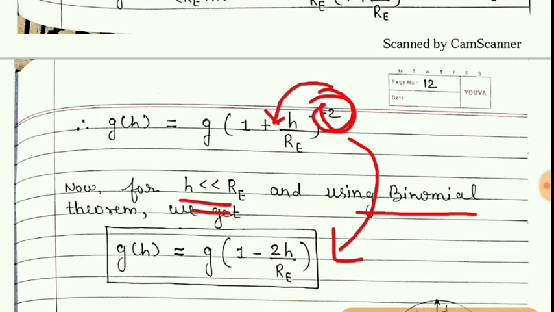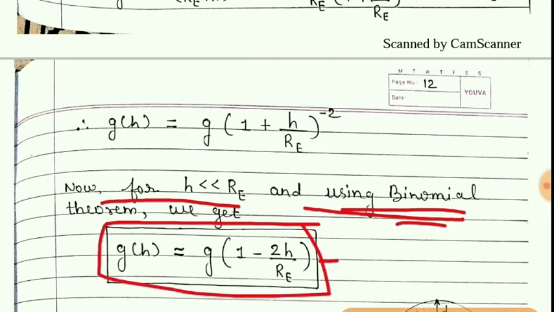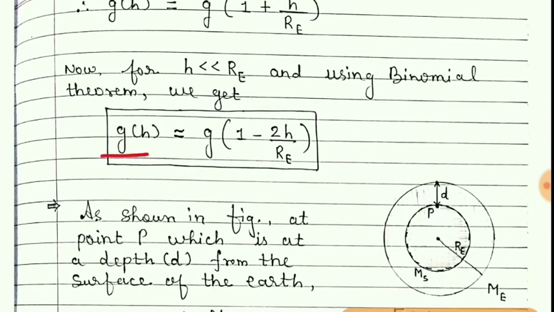Minus 2 is removed from here and it is placed here, you can see. So in this way you can remember, no need to apply the binomial theorem, but you have to write that for this condition and using the binomial theorem we get this equation from this. So this is the formula for the acceleration due to gravity at height h from the surface of the earth.